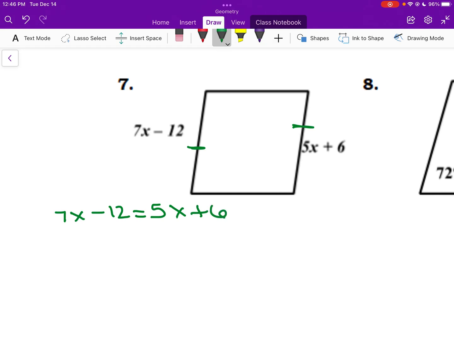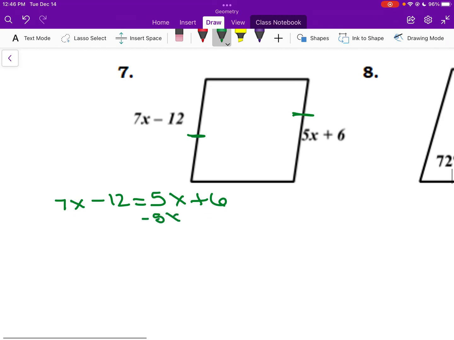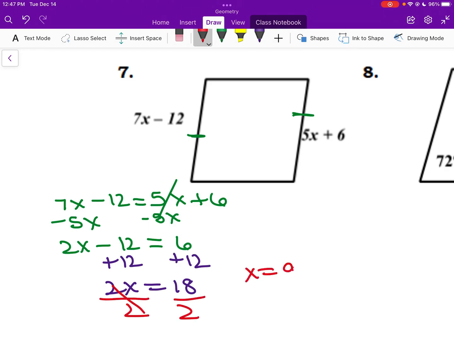Then I could subtract 5x from both sides, giving me 2x minus 12 equals 6. I would then add 12 to both sides, giving me 2x equals 18. And I'd divide both sides by 2, giving me x equals 9. And that's it.